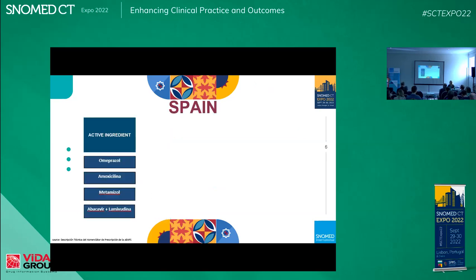So in this slide, you can see an example of the DCSA, which is the more general concept, and it's a grouper concept, as I said before.